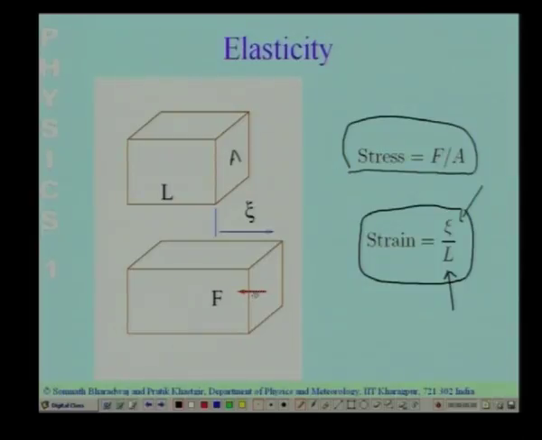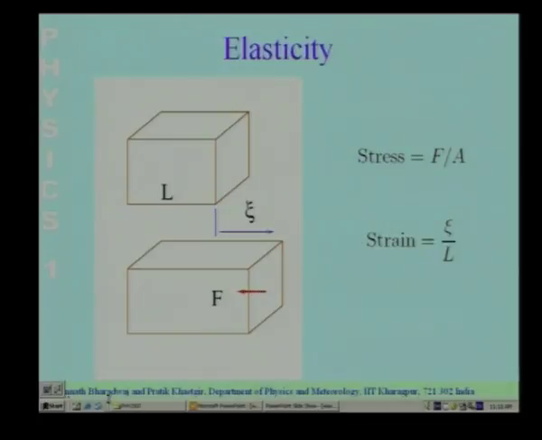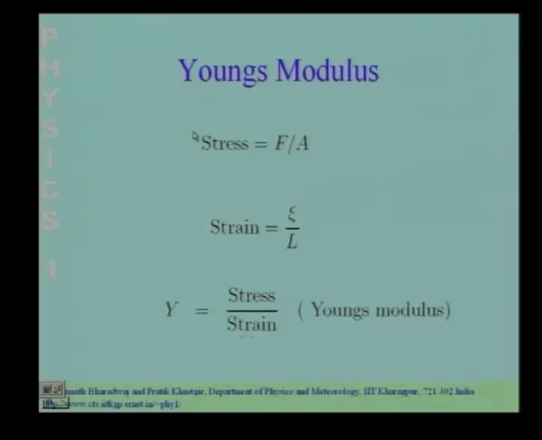And for an elastic substance, the ratio of the stress, force per unit area, and the strain is a constant which depends only on the properties of the material. So, depending on the material, the ratio of the stress divided by the strain will be a constant called the Young's modulus.